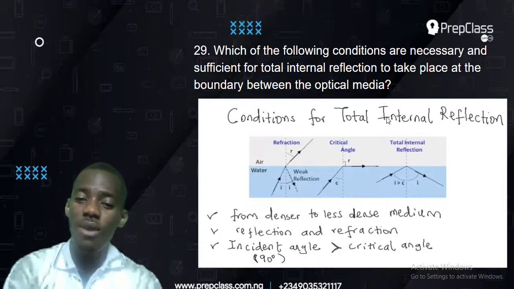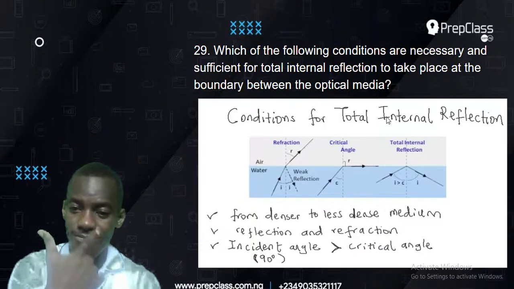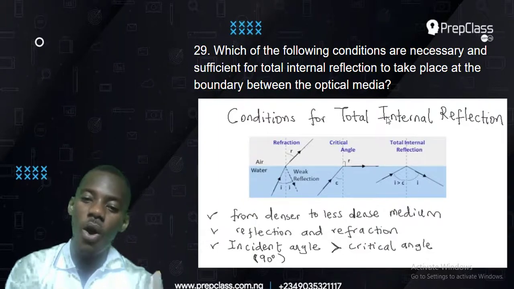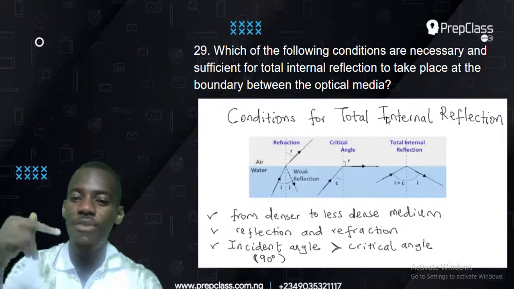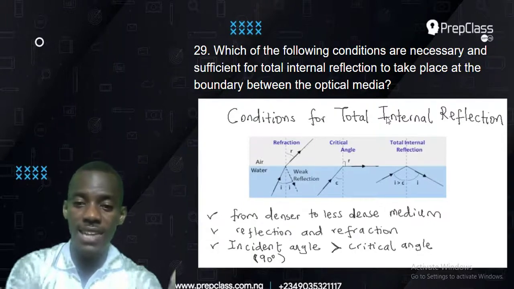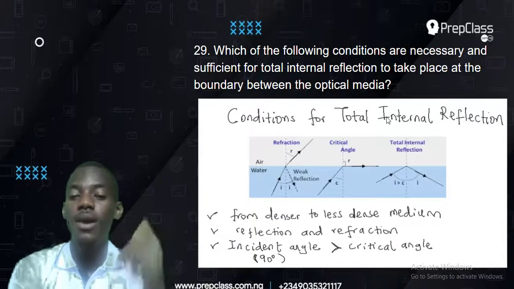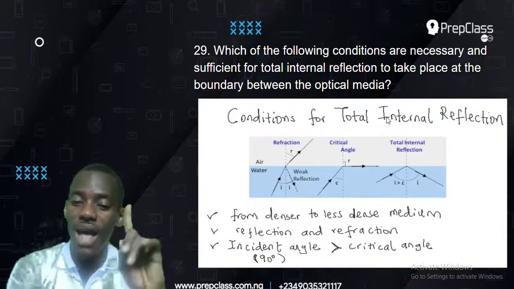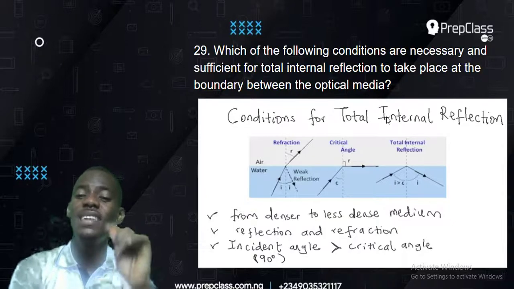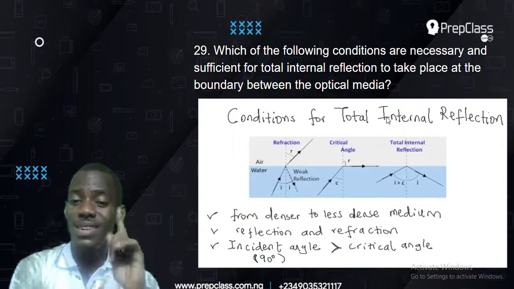The incident angle is the angle coming from the observer's eyes, the angle of the first ray of light. In this case, the ray of light is coming from the eye of the person swimming.